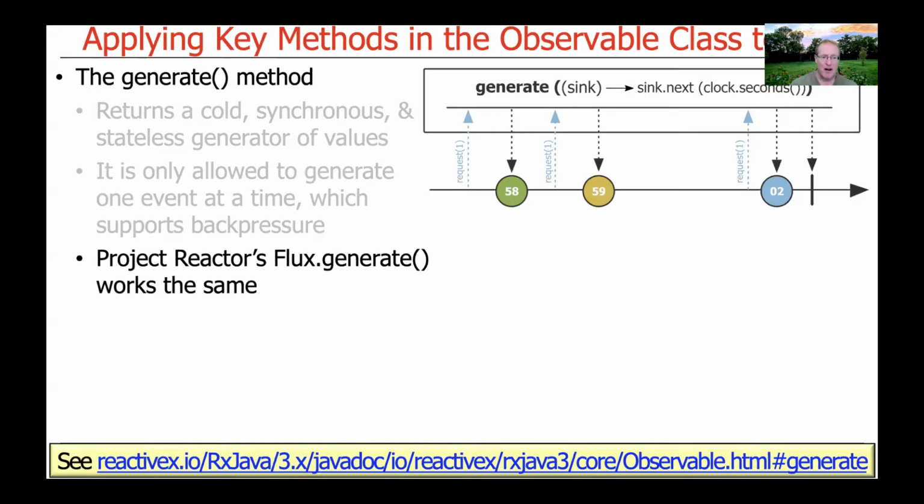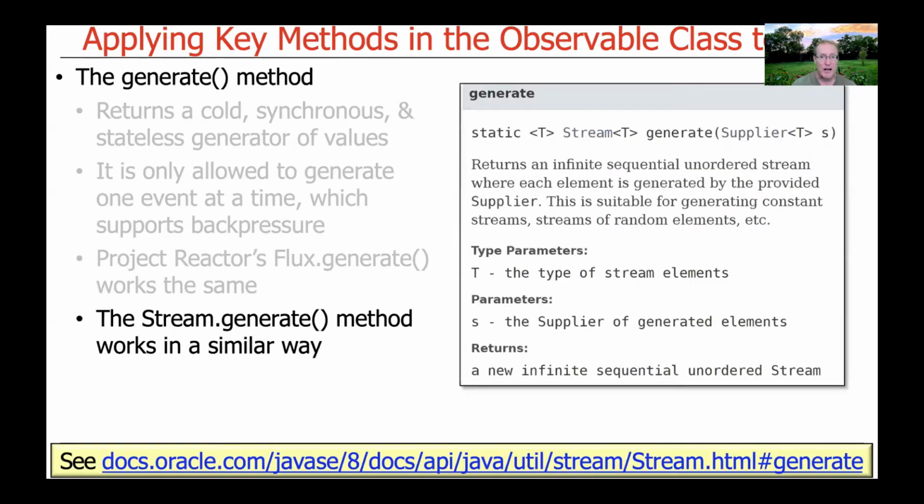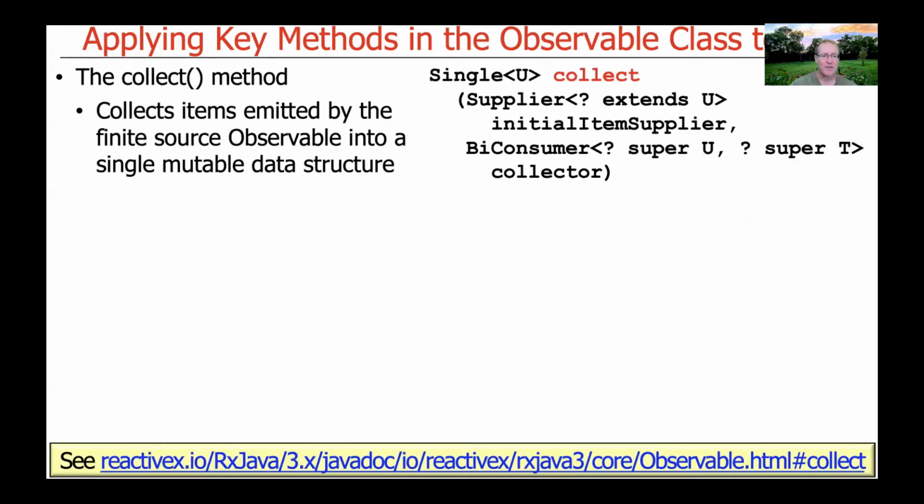There's also a generate method that's part of Project Reactor's Flux class, and the stream framework also has a generate method that does pretty much the same thing that generate does here in RxJava. Then we also have the collect method, which collects items emitted by some source observable into a single mutable data structure.